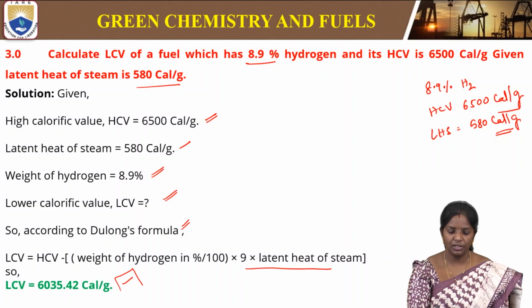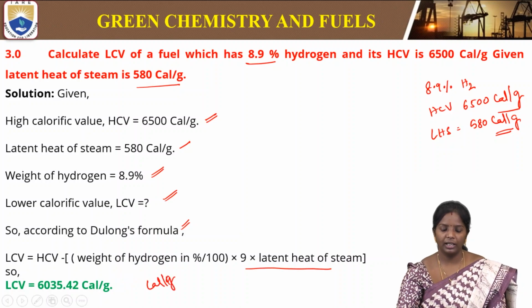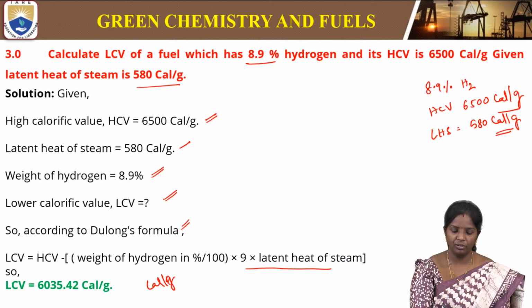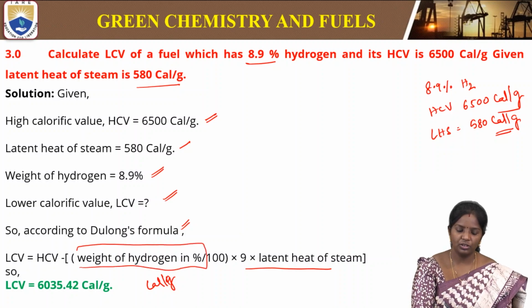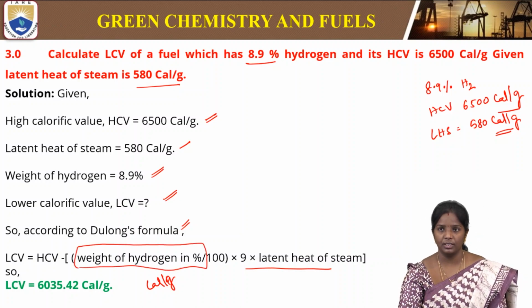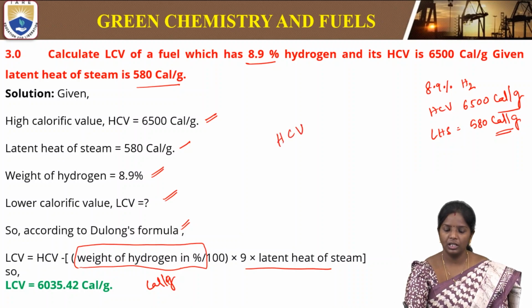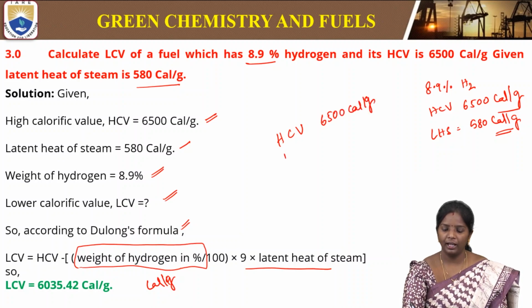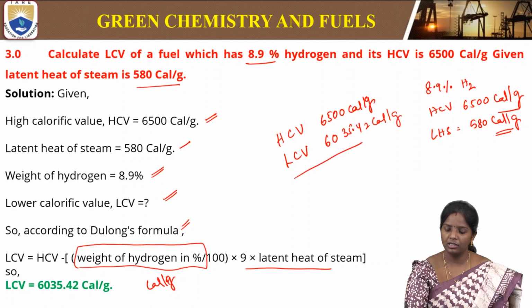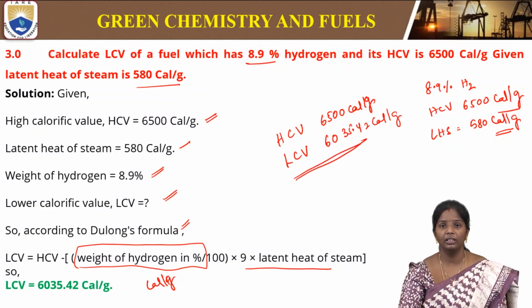Whenever the question gives calorie per gram, we also have to express the answer in calorie per gram, so use the percentage as such without converting into mass basis. That is how we get the higher and lower calorific value. 6500 is the higher calorific value and the lower calorific value is 6035.42 calorie per gram. It is always less than the higher calorific value, the HCV.